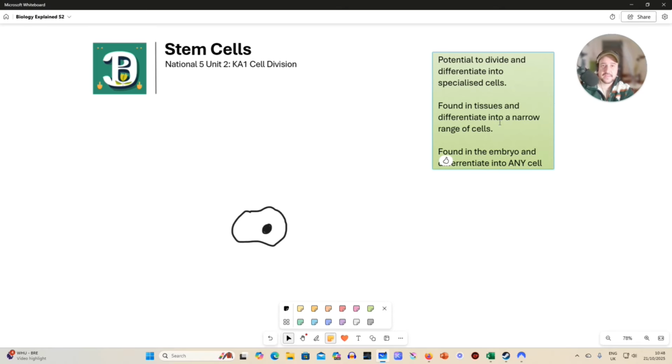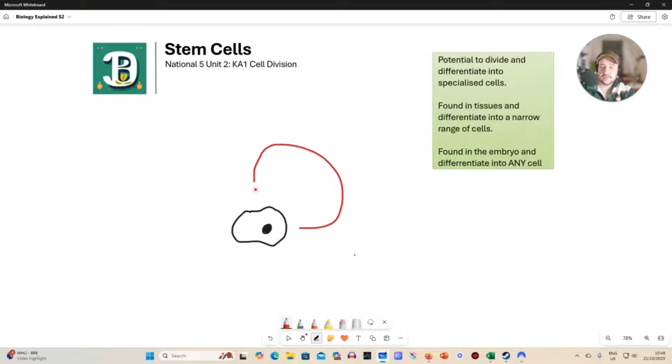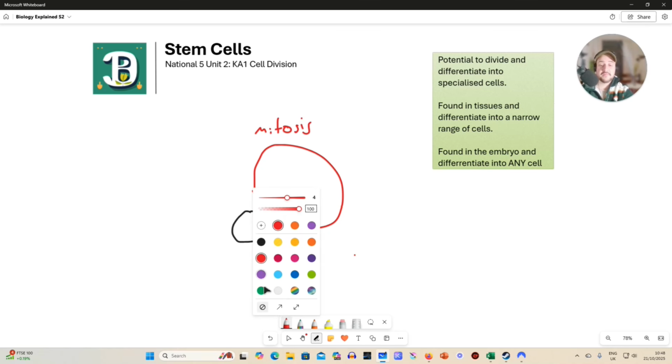Okay, so let's just recap then what the stem cell does. So you can see I've got my little baby stem cell here. Okay, it's going to be quite simple. What it can do is that it can either self-renew itself to produce new stem cells in that process of mitosis. Okay, let me just use my pen here. Mitosis. Okay, or it can become a specialized cell.